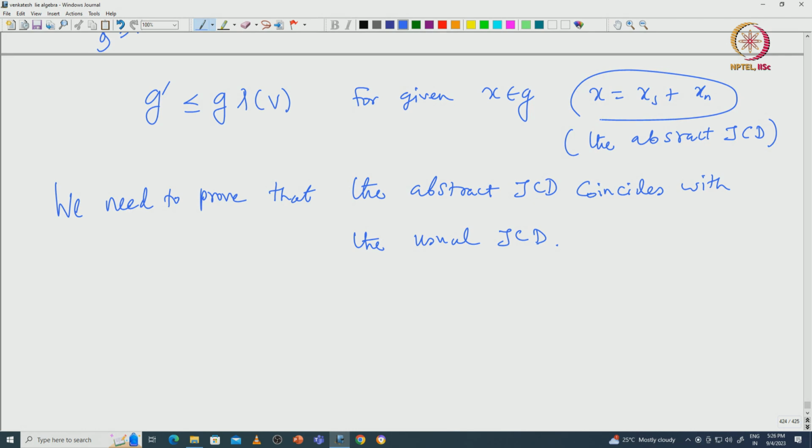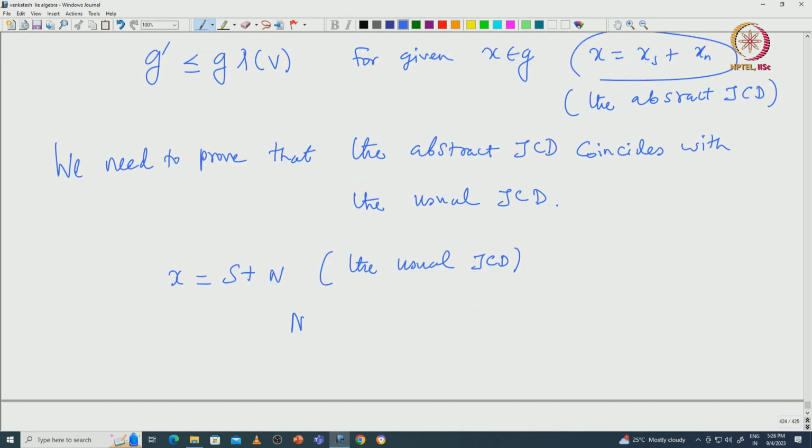By definition, if we start with the usual Jordan decomposition, let us say x equal to s plus n, then n being nilpotent would imply immediately that add n is nilpotent.